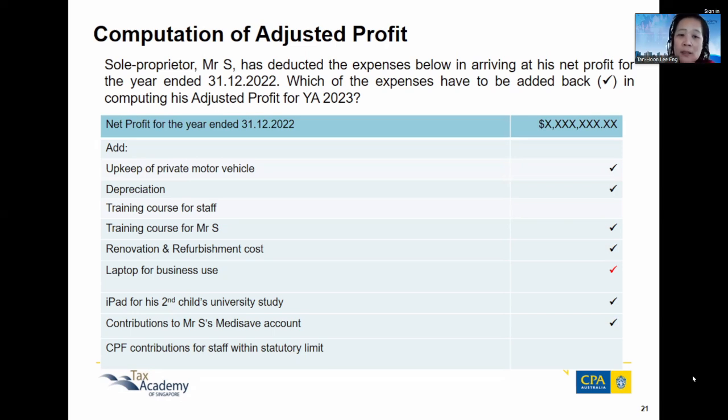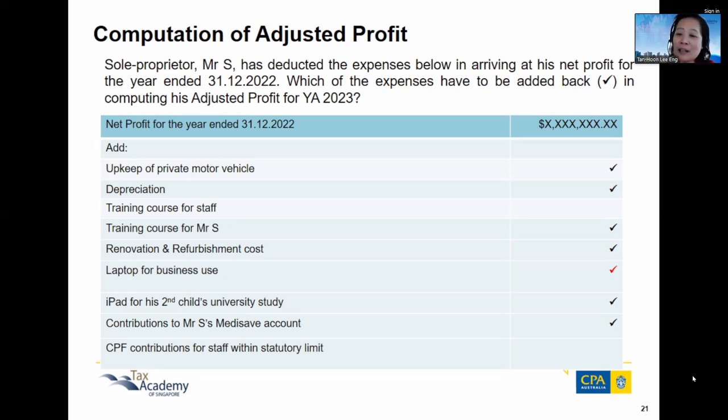Training costs for staff are considered part of staff costs, part of business costs, so they are allowable. Training costs for Mr. S himself, no. The gist is that anything pertaining to Mr. S as a sole proprietor is likely to be personal. So his own training costs cannot be allowed.